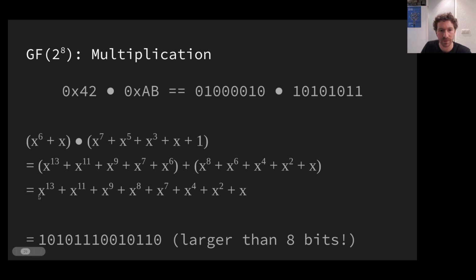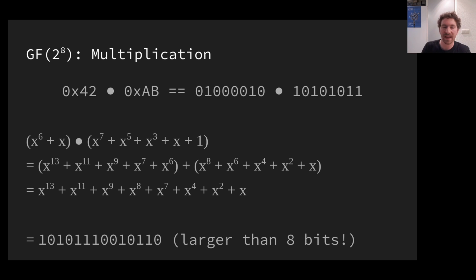So when we simplify the whole thing down as far as we can, we get this: x to the 13 plus x to the 11, 9, 8, 7, 4, 2, and then finally this x on the end here. And when you translate that back to a binary number, it comes out to this quite long number, which is larger than 8 bits. And as we said, there are only 256 elements inside this field.